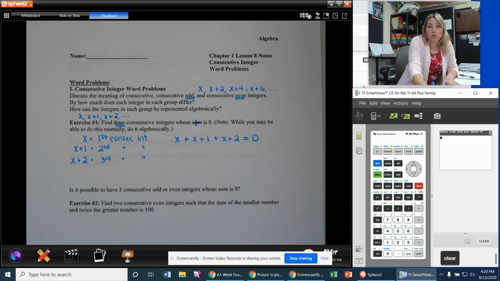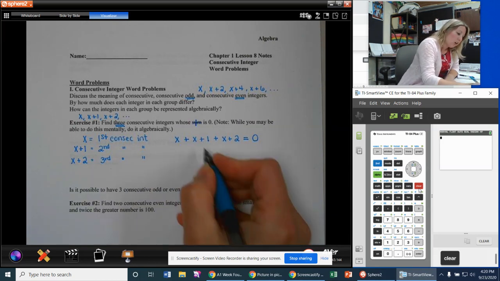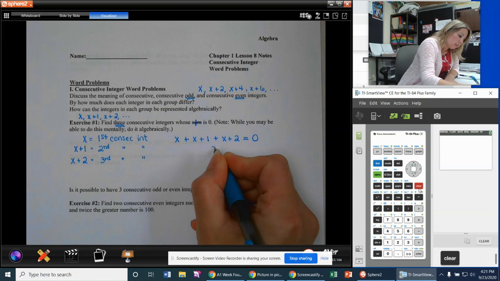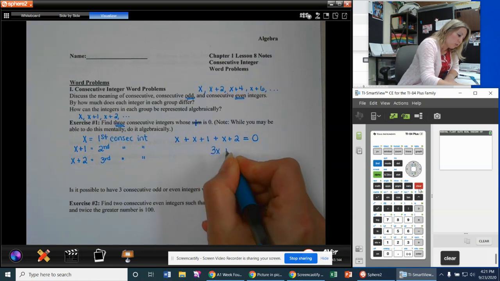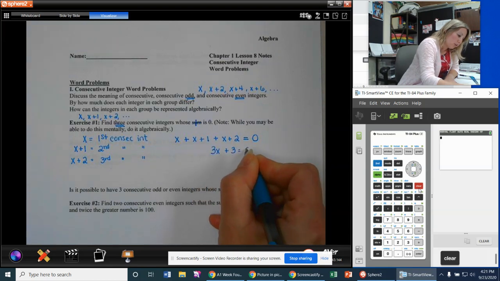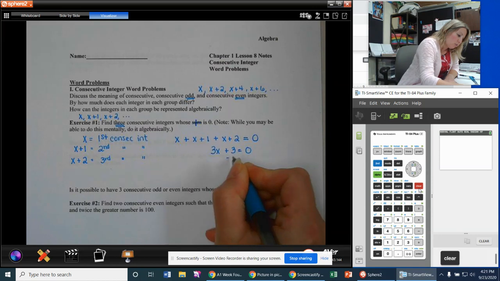Now you combine like terms on the same side of the equal sign. Move any numbers away from the variables, divide if you have multiple variables, and get your answer. 1, 2, 3 x's. 1 plus 2 is 3 for numbers. Bring down your equal sign and your 0. Subtract that 3 over. You get 3x equals negative 3.